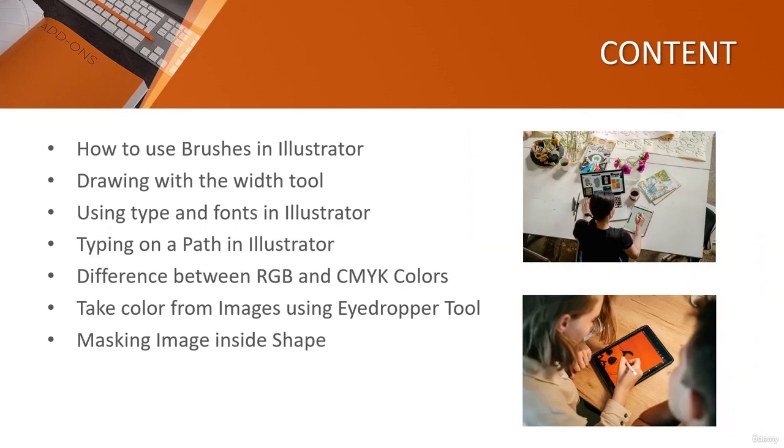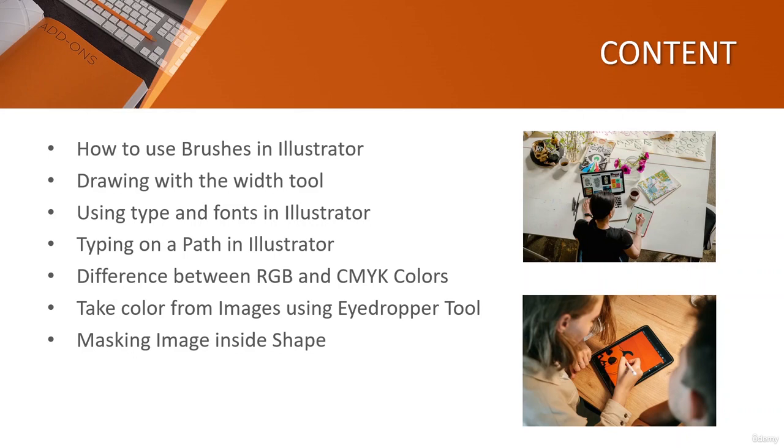And after that, I'll tell you how you can use the brushes in Illustrator, what are the options you guys can actually look into of brushes in Illustrator. And I'll also show you how you can change the width of a particular line using the width tool.